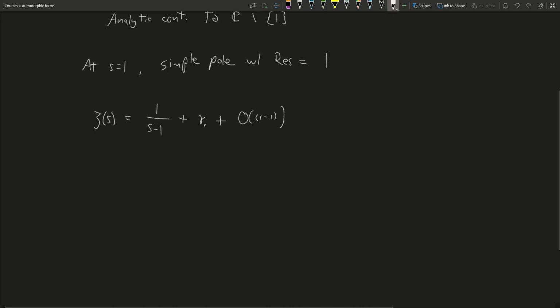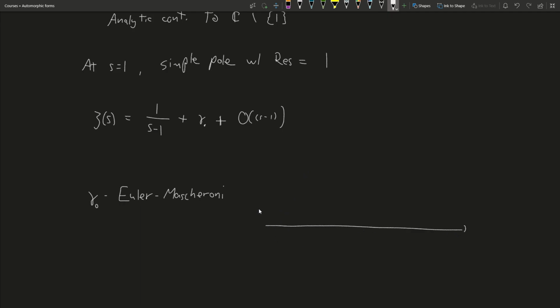So here I'll define the Euler-Mascheroni constant. One definition is to look at this partial sum of 1 over n.